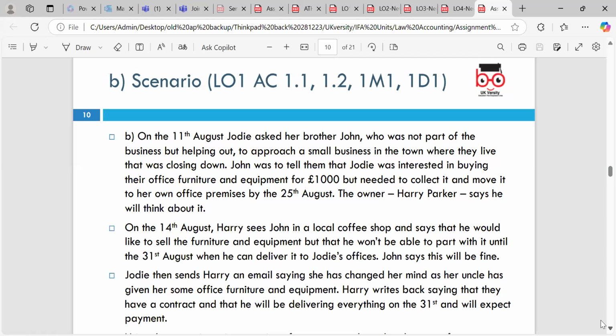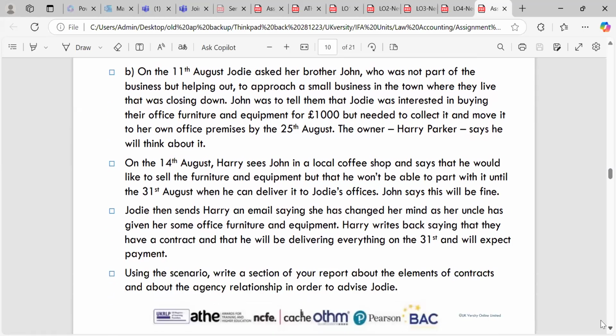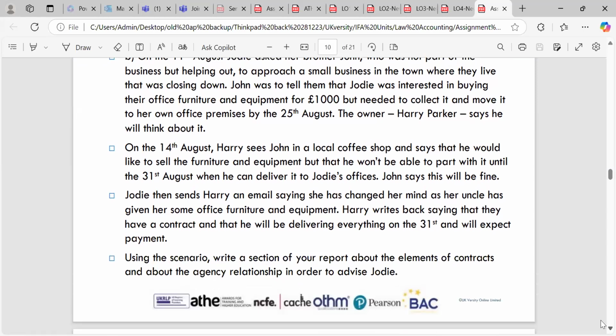The owner, Harry in this case, says he will think about this. On 14th August, Harry sees John in the local coffee shop and says he would like to sell the furniture and equipment, but he won't be able to part with it until 31st. He can deliver it to Jody's office, and John says this will be fine.